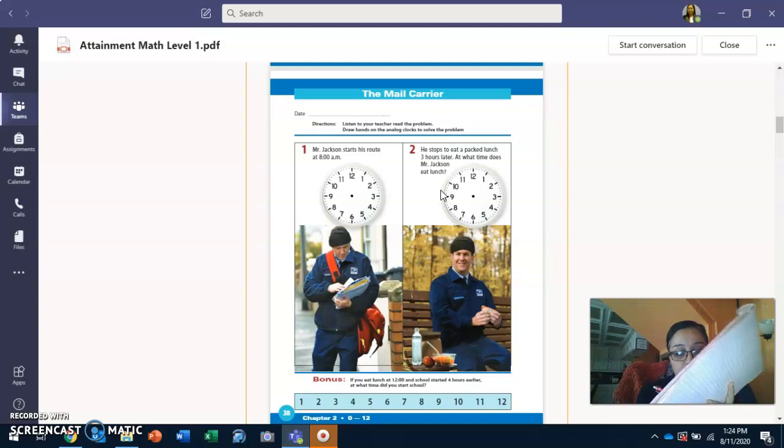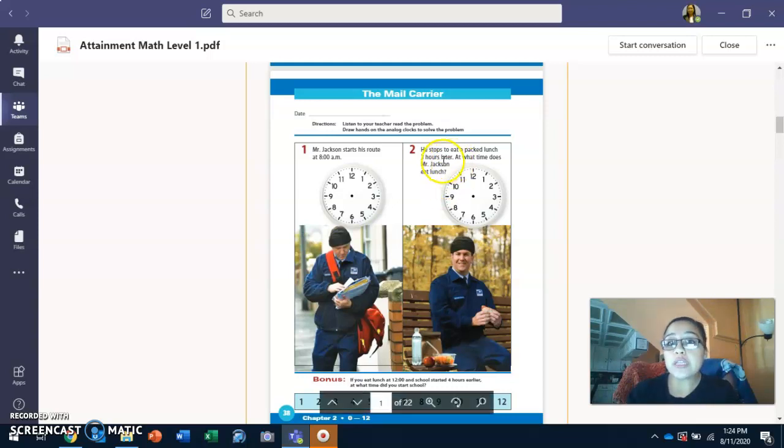So let's go ahead and define the word later and the word before. The word later means forward. The word before means backwards. So he stops to eat a packed lunch 3 hours later. So he went at 8, but then 3 hours later. And what does later mean? Forward. So you go forward. So 3 hours later.